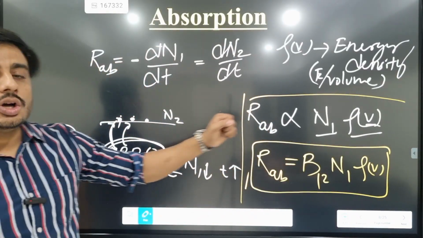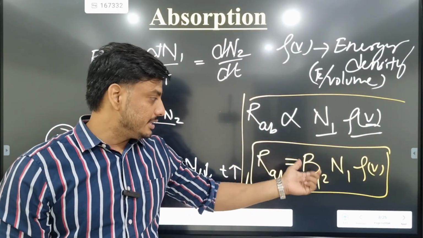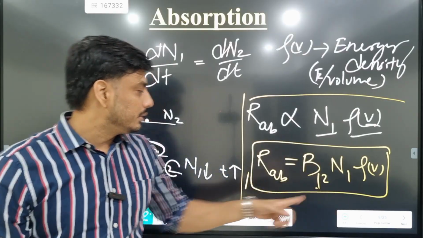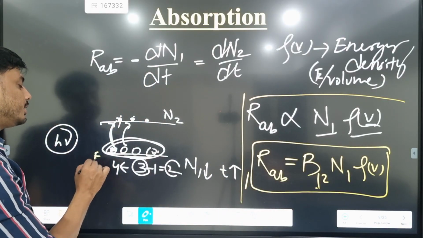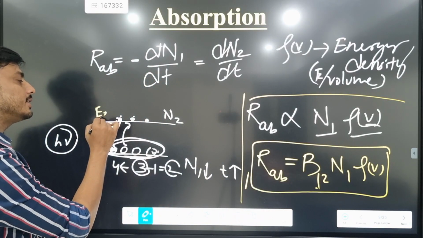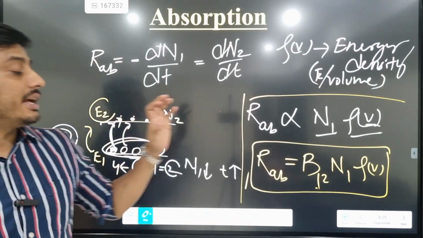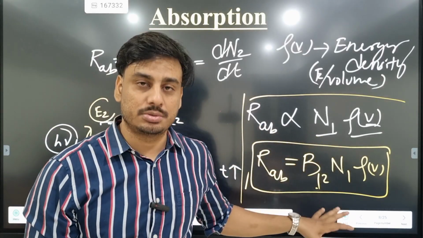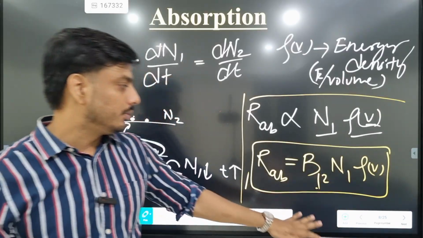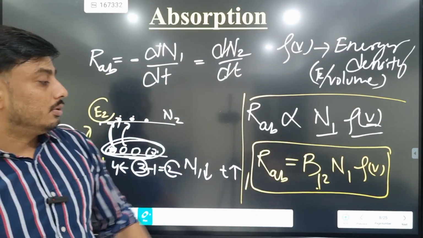B12 is a constant of proportionality. Since the particles are moving from lower energy state E1 to higher energy state E2, it is written as 1 to 2. This is Einstein's coefficient of absorption process, B12. Clear? Then we will go to spontaneous emission.